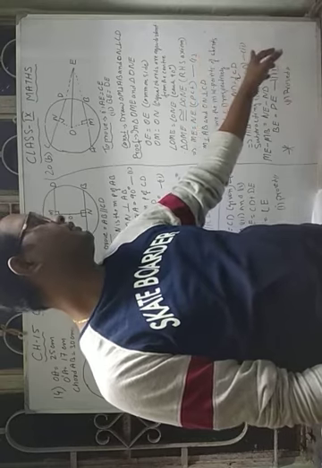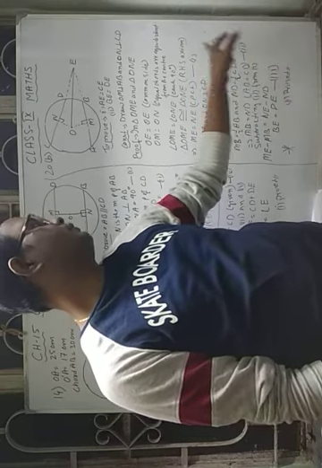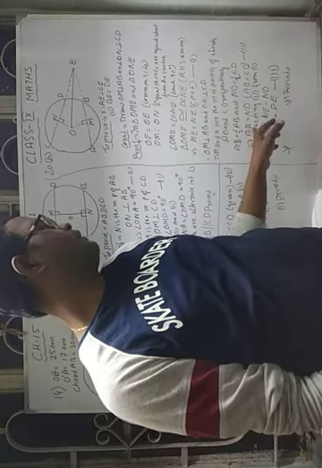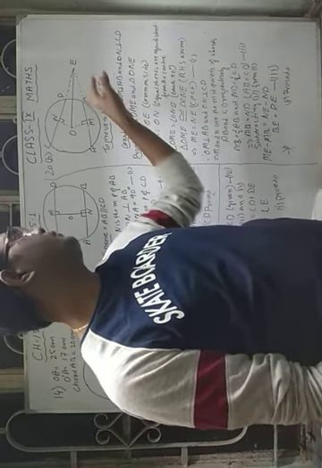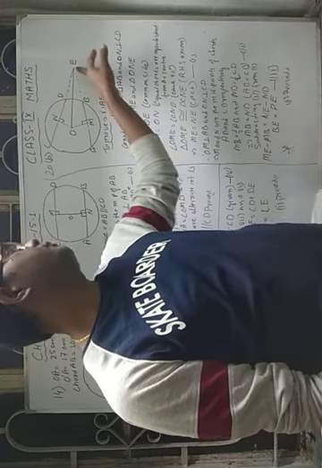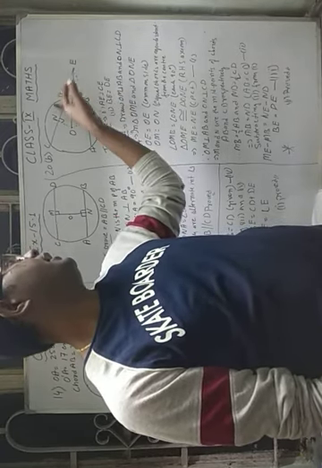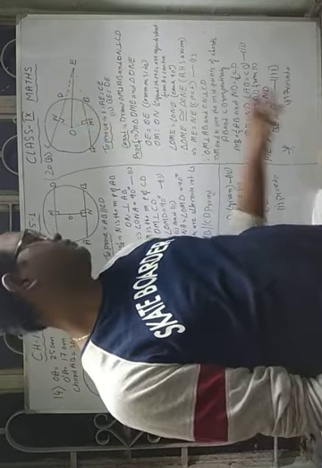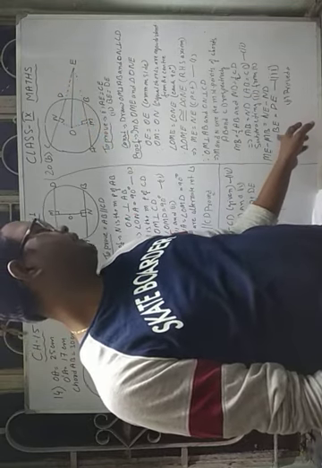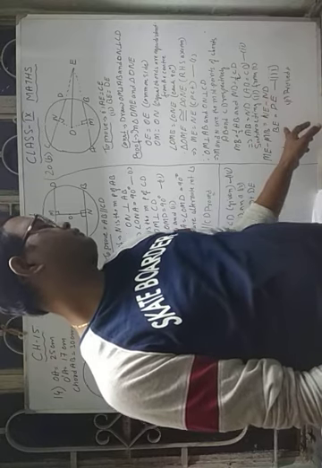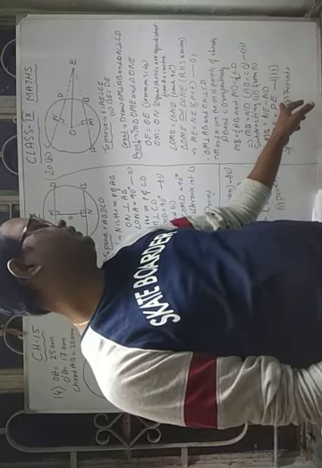Now subtract equation 2 from equation 1. What we will get? ME minus MB is equal to BE, and NE minus ND is equal to DE. So ME minus MB is equal to NE minus ND, that is, BE equals DE.